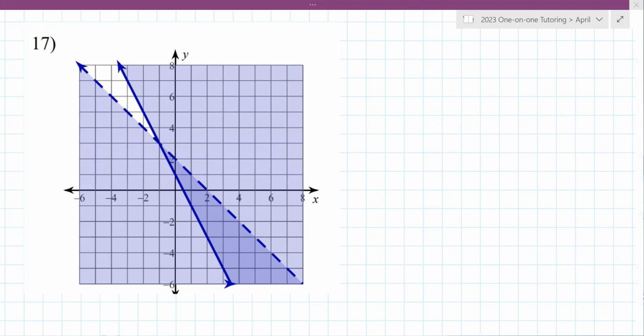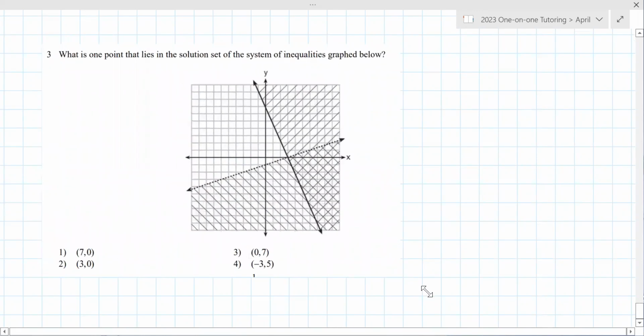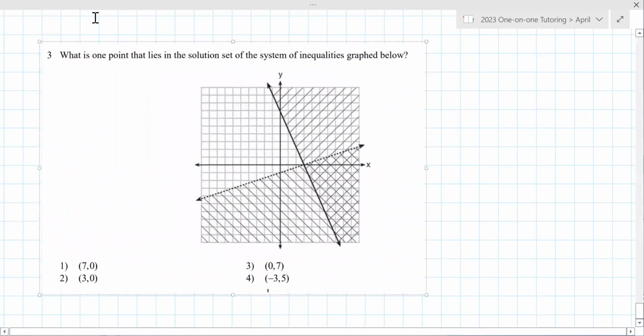Okay, so here is another question though. While you won't get this, you should be able to test points to know which ones work and don't work. What is one point that lies in the solution set of the system of inequalities?